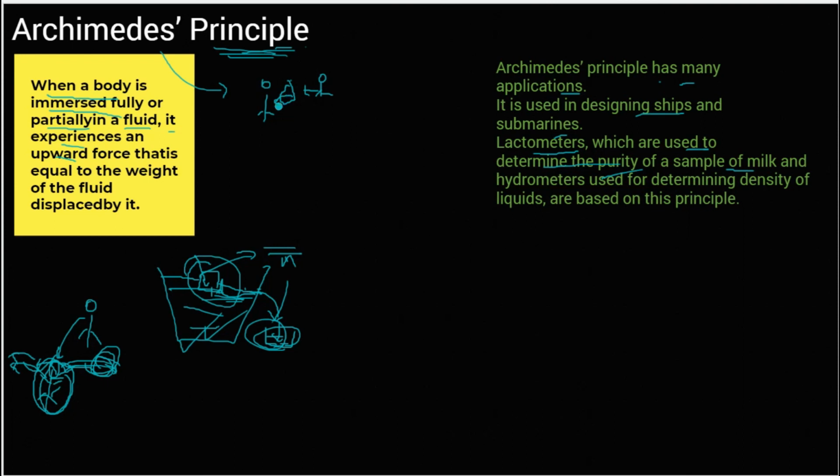What happened was, when he was bathing in the tub, he saw that when he went down, the water moved up. So he took pure gold and saw the displaced water, and when he put the crown in the water, it displaced the same water. So he got the idea that this is how we can calculate the purity, and that is why we can determine the purity of a sample of milk.